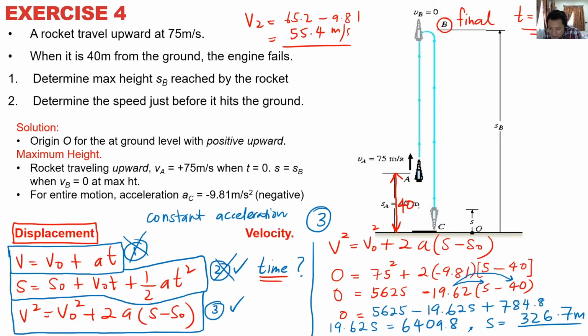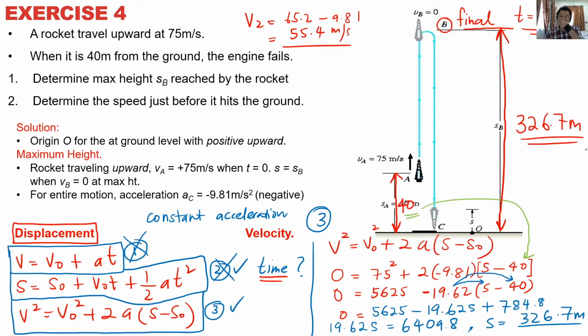See, this 40 is being represented here. Original displacement. So this maximum altitude that the rocket will go, this one lah, this one. This maximum altitude is actually 326.7 meter. That is the displacement of the rocket going up.